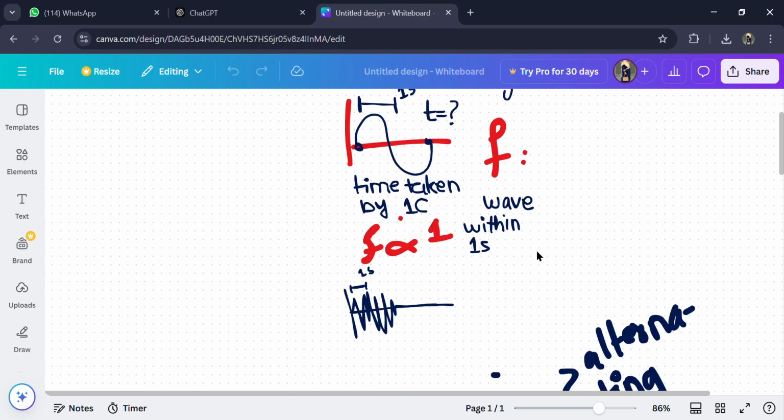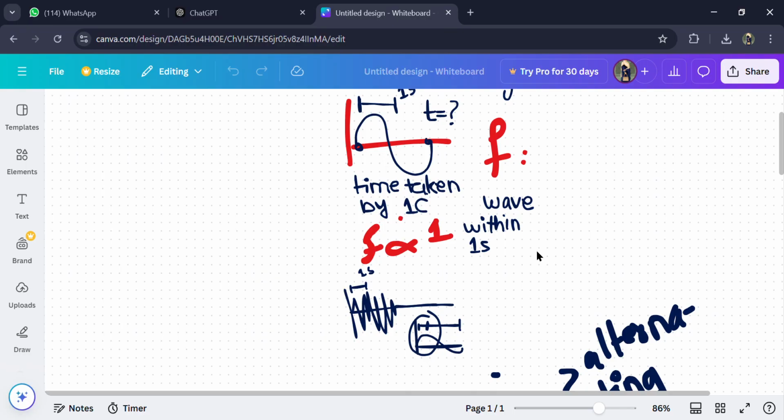But in the case of this wave, this is of long wavelength, because wavelength is the measurement of crest and trough. So it is long wavelength but a small frequency. So these are the basic terminologies.